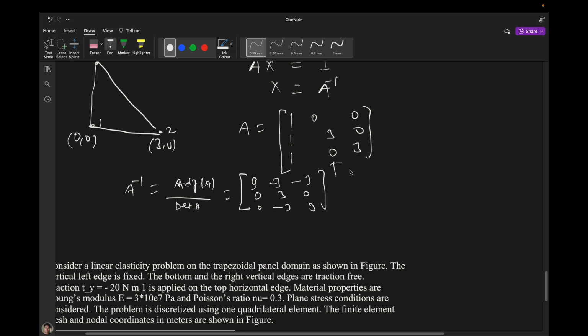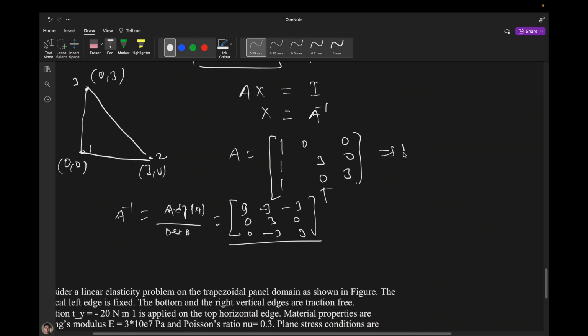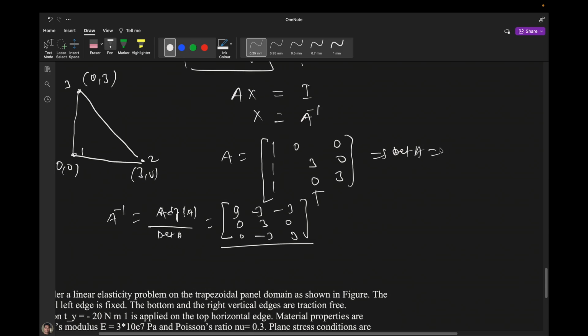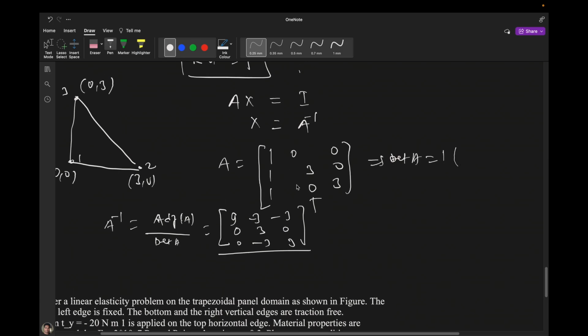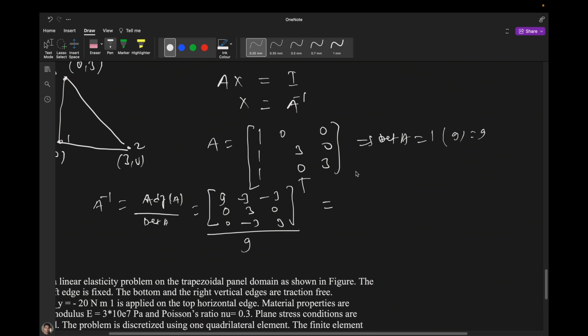Okay, and it will be the transpose. And what is the determinant? Determinant of A will be 1 times 9, so that will be 9. So I have to write 9, and I have to write the transpose. So the transpose will be 9 minus 3.